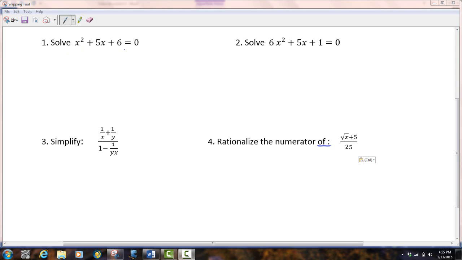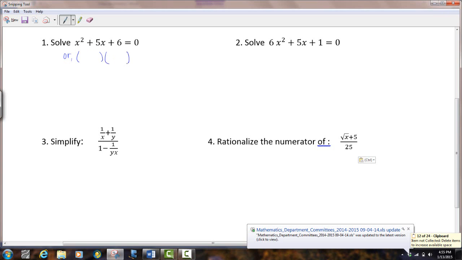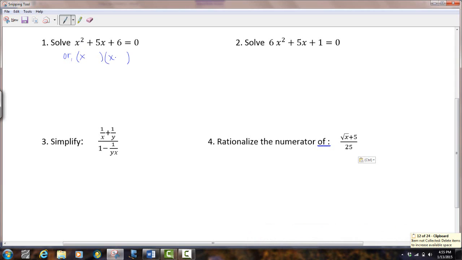So I want to solve this equation by factoring the left hand side. Here on the left hand side I have x squared plus 5x plus 6. I want to factor this expression since it is a quadratic expression with no coefficient on x squared. So the factors must look like x plus some number and x plus some number.